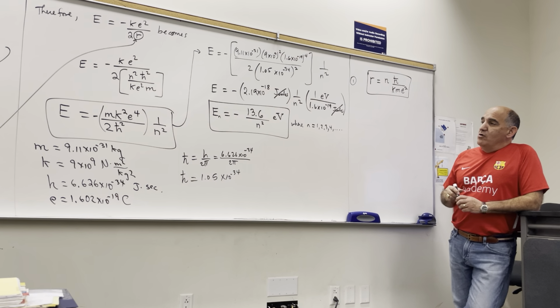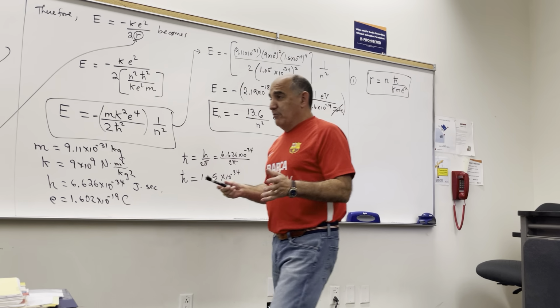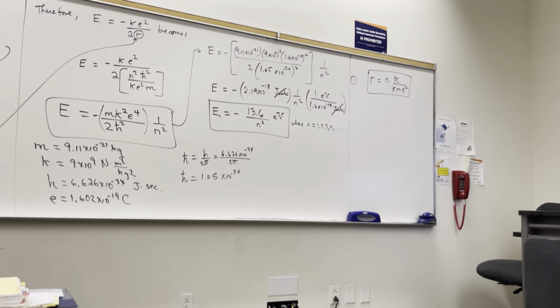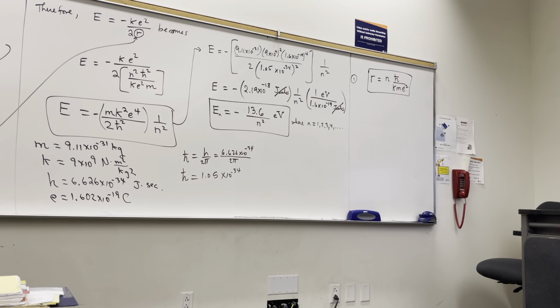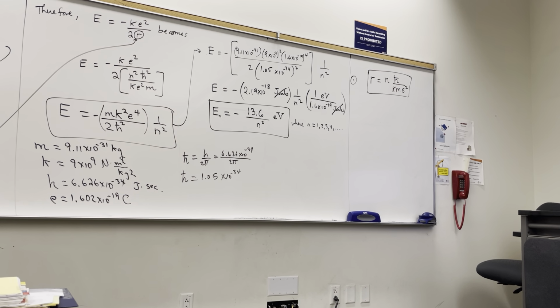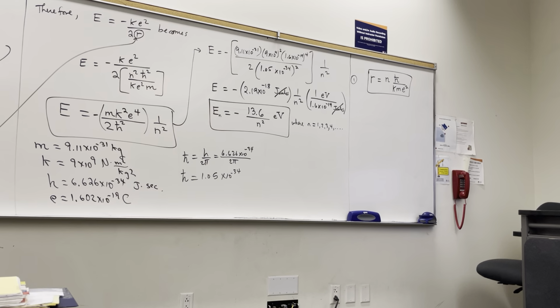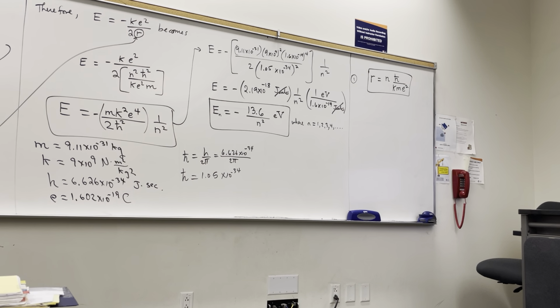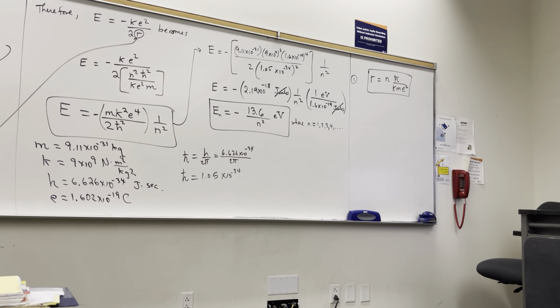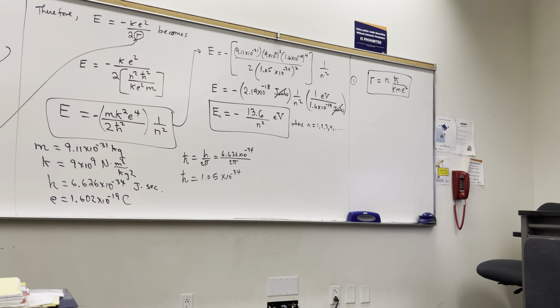Now, a few corrections. The orbit of the electron around the proton is not necessarily circular, more elliptical. But that's one thing.